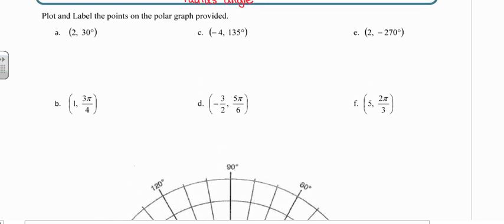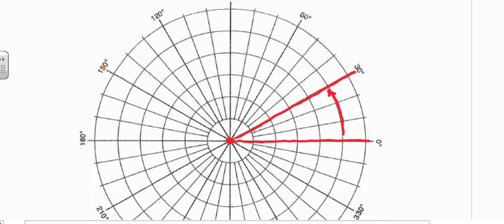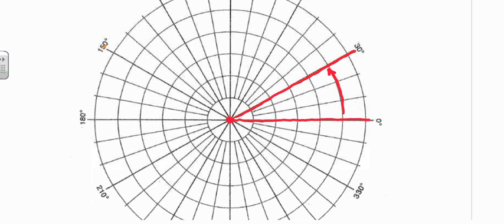On that angle, I want my radius to be 2, so from the pole I count outwards 2 units. That right there, letter A, is the point with radius 2 and angle measure 30 degrees.